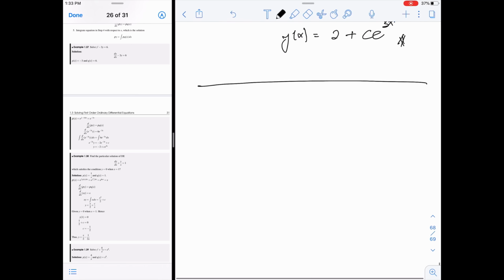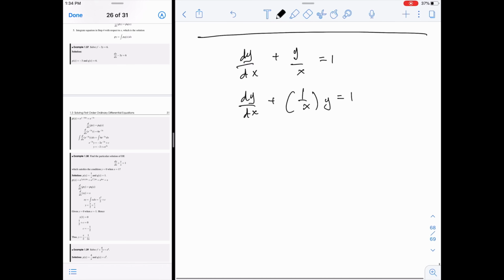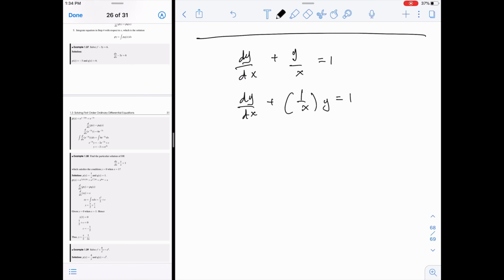If you are given dy/dx plus y over x equal to 1, I advise you to put it in the correct arrangement where dy/dx plus (1 over x) y equal to 1, so that now you can have your first step.